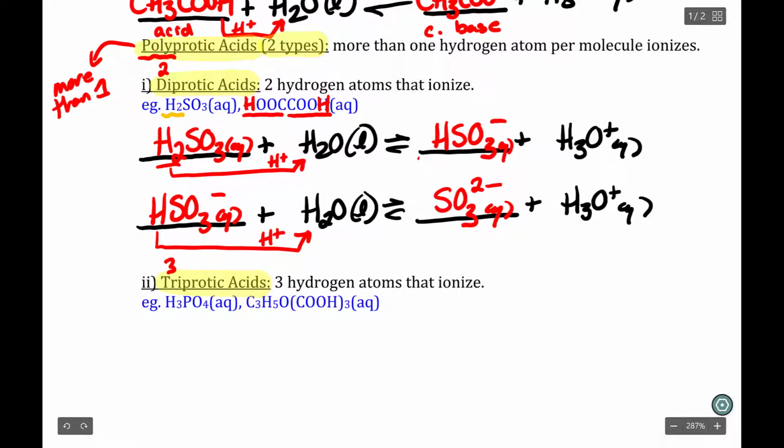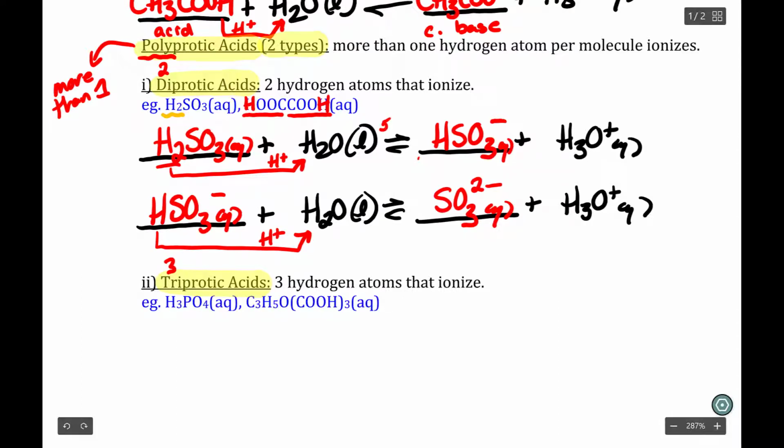Now, I'm going to clarify a couple of things that aren't really super important at this point, but this first reaction doesn't happen a whole lot because H2SO3 isn't a very strong weak acid. But the second step is even worse. So let's say I'm going to make up a number.